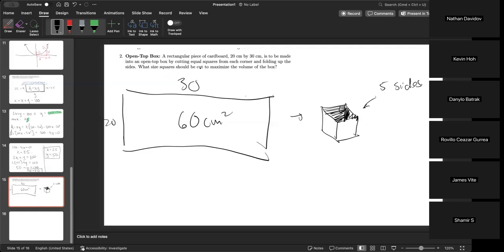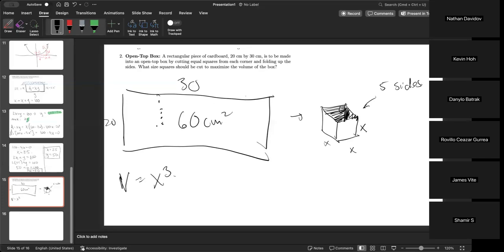What size squares should be cut to maximize the volume of the box? Well, what's the volume of the box? If this is x, and this is x, and this is x, that means that the volume is x cubed. Sorry, hold on.